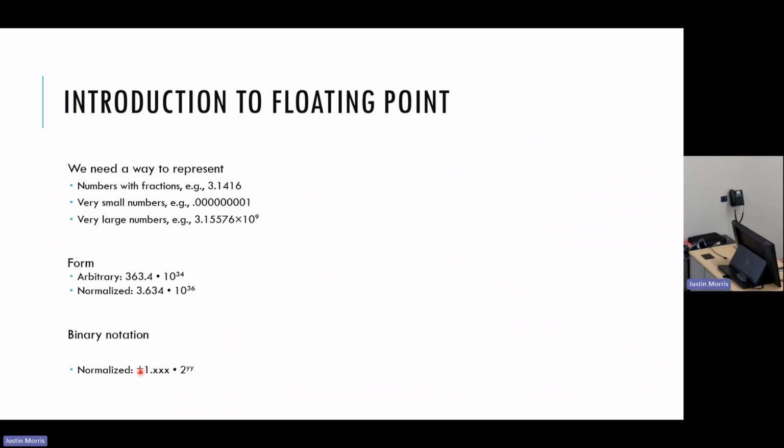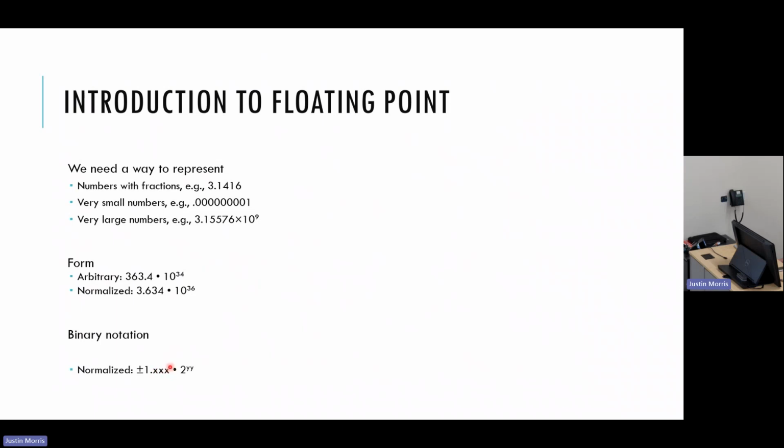We have a sign bit to tell us if it's positive or negative. We have this implied one because we're always going to be normalized. Because we have the implied one, of the 32 bits that we're using for this representation, we don't have to specify the one. Then we have some bits to specify the fractional part, and we call this the mantissa bits.